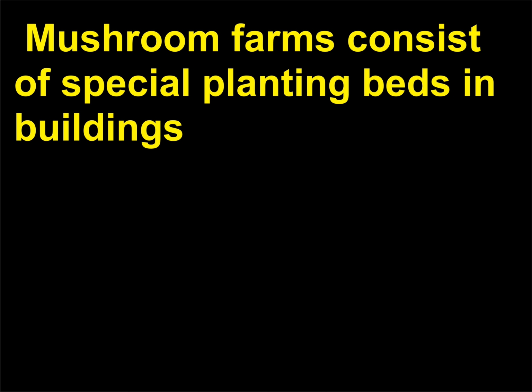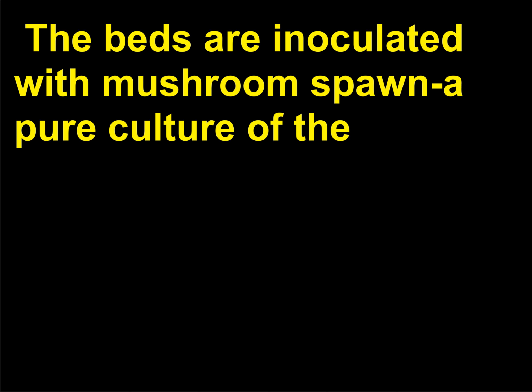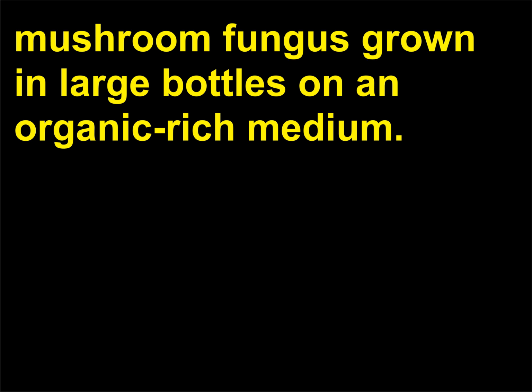Mushroom farms consist of special planting beds in buildings with temperature and humidity conditions that are controlled. The beds contain soil mixed with a material that is rich in organic matter. The beds are inoculated with mushroom spawn, a pure culture of the mushroom fungus grown in large bottles on an organic-rich medium.